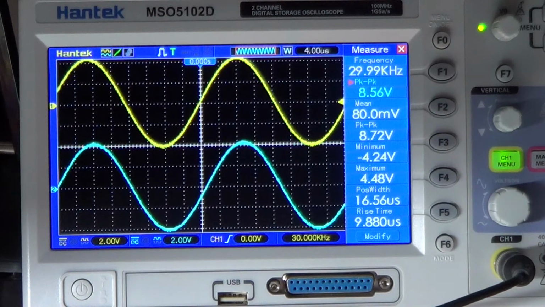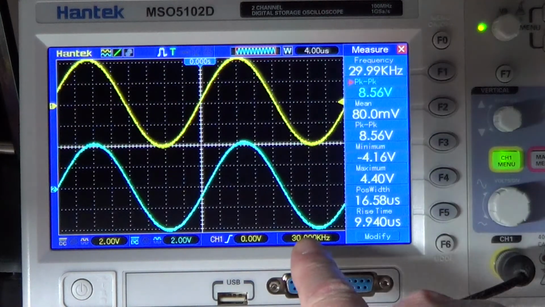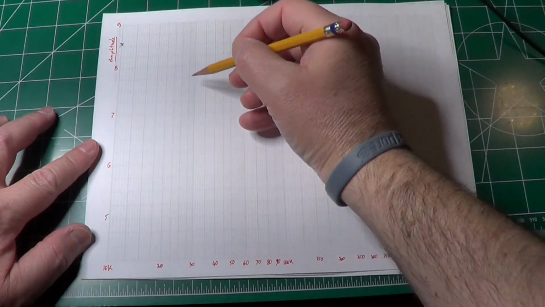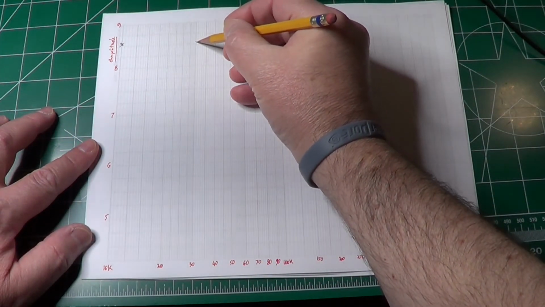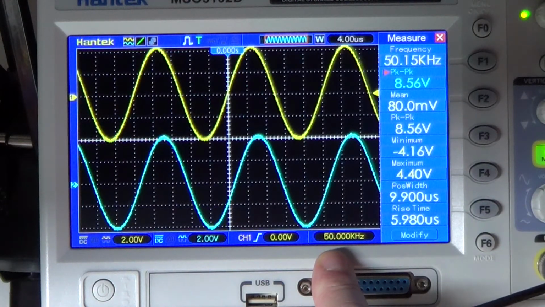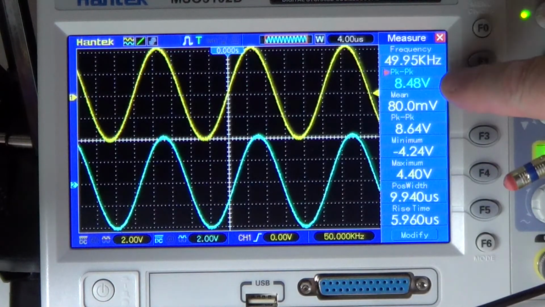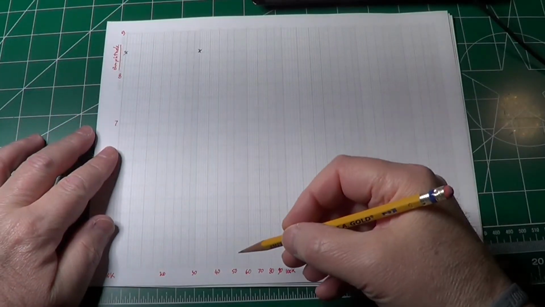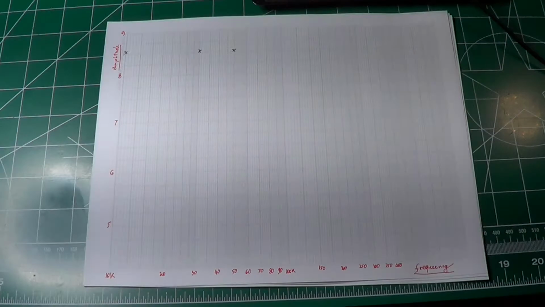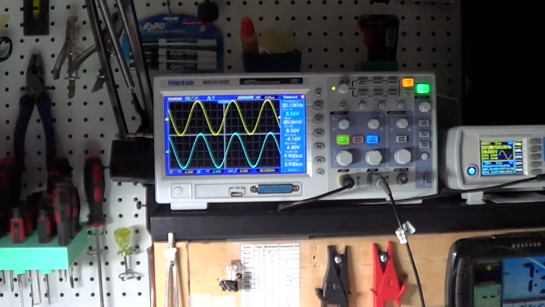Now let's do the same with the second pair, 30 kHz and 8.56 volts. The third pair, 50 kHz and 8.56 volts. So far no change in the voltage.